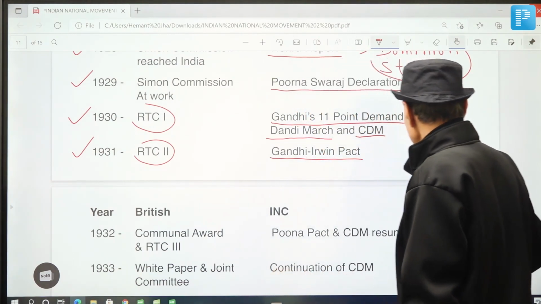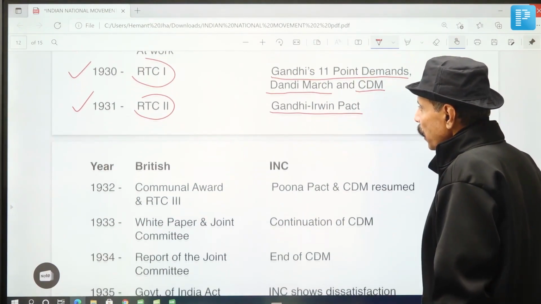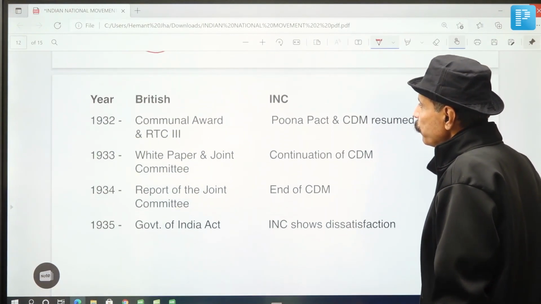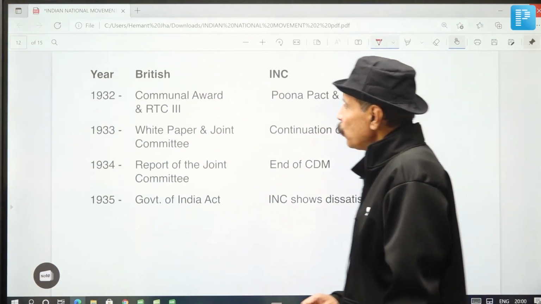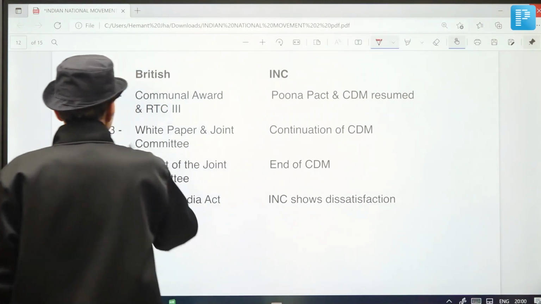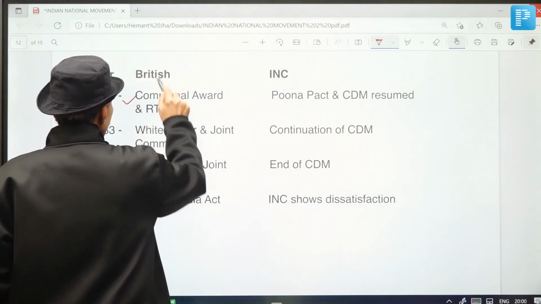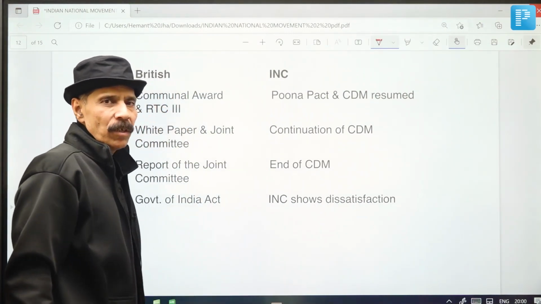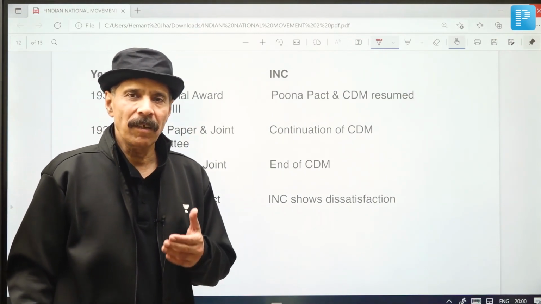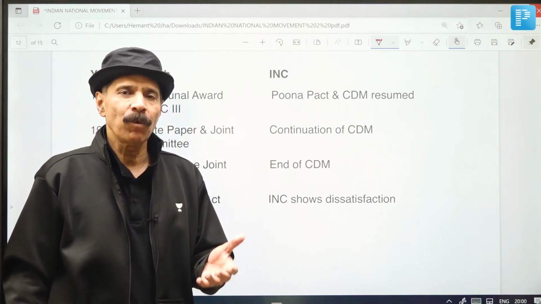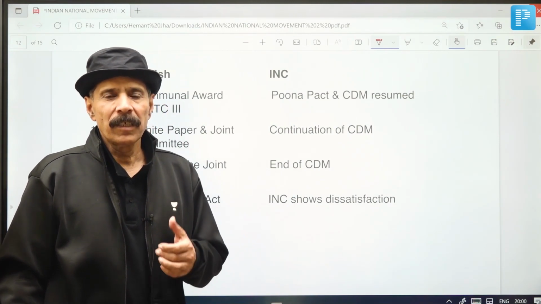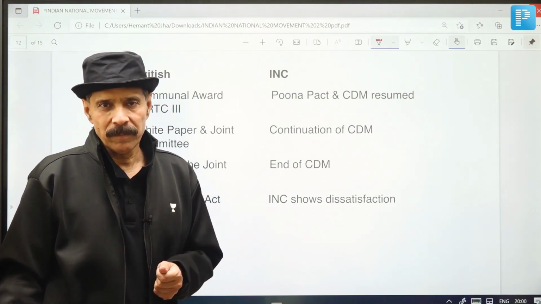The next point is related to the year 1932. In 1932, on the British side you find communal award. Under communal award, the British granted separate electorates for untouchables. This was the demand of Dr. Ambedkar.